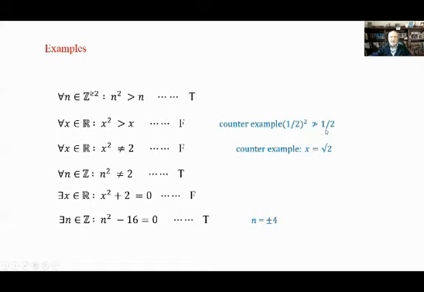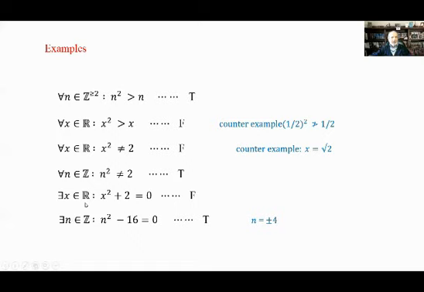It's not greater than 1/2. This will be true if x is greater than 1. For any x in R, x squared different than 2, that's false, because you can give a counterexample, x equals square root of 2. For any n in Z, n squared different than 2, that's true.